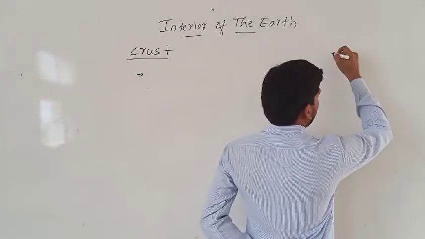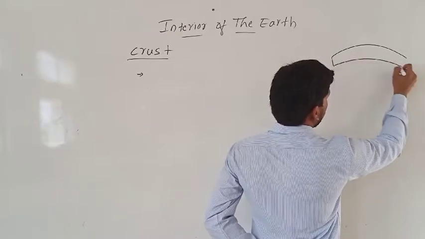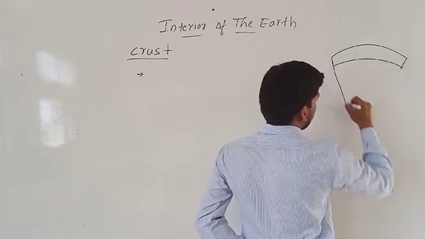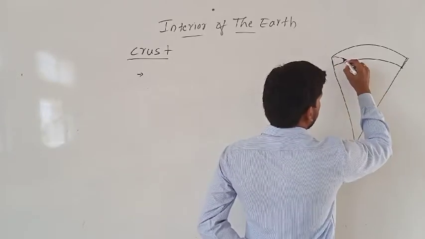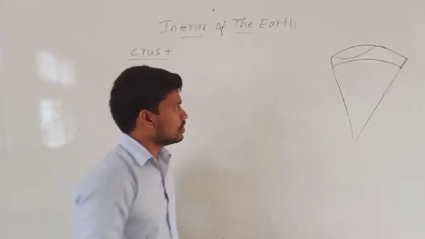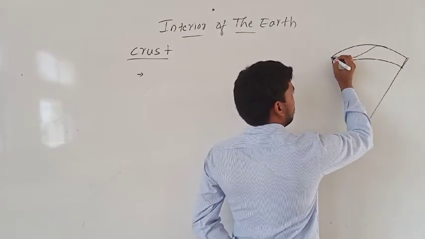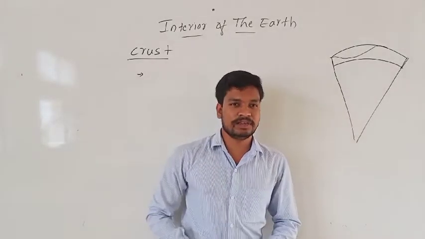Here the crust has two divisions: one is oceanic crust, another one is continental crust. So the place of discontinuity. What do you mean by continuity?